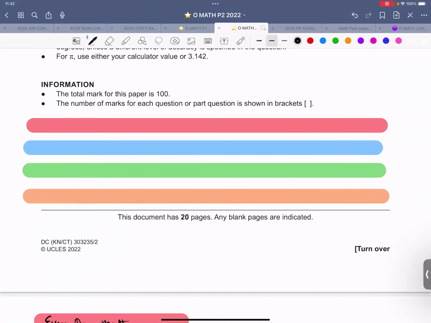So first of all, start, end, time taken in minutes, everyday maths, and number of questions. I think we started at 11:22. Let me write this thing. So 11:22, and then we will work this out.